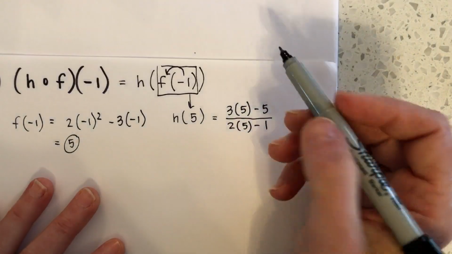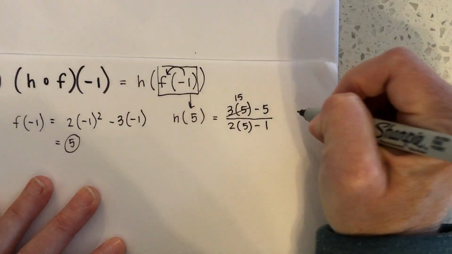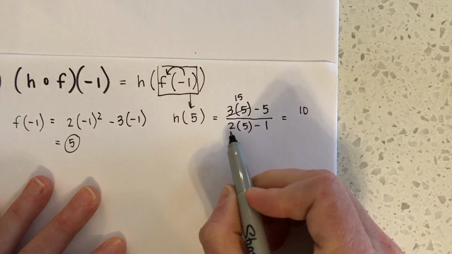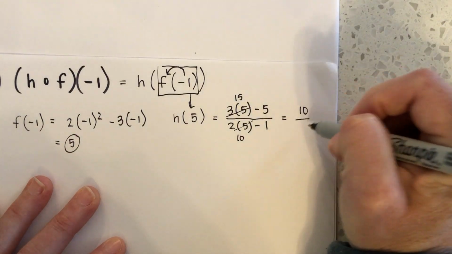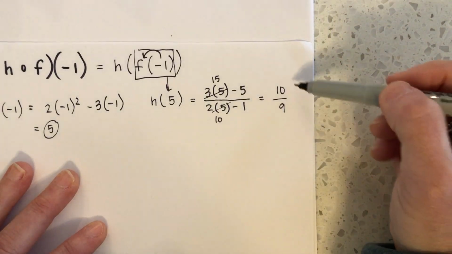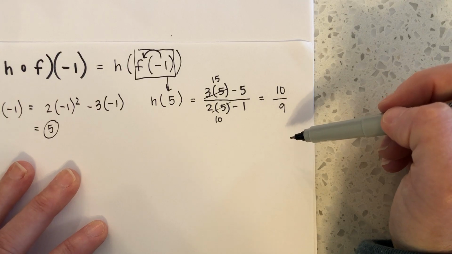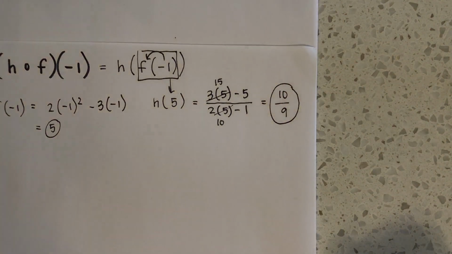So what do we get? 3 times 5 is 15. 15 minus 5 is 10. 2 times 5 is 10. 10 minus 1 is 9. So you get 10 over 9, 10 ninths. Reduce it to a smaller fraction if it does, but it doesn't. So you can literally leave it as 10 over 9.